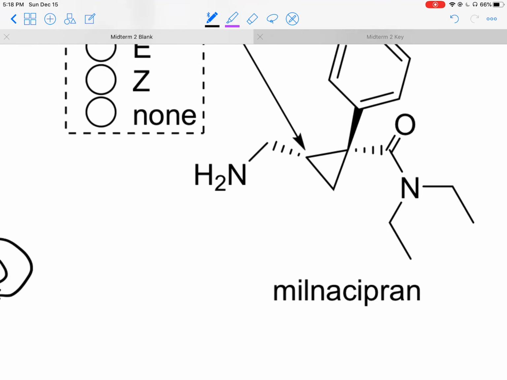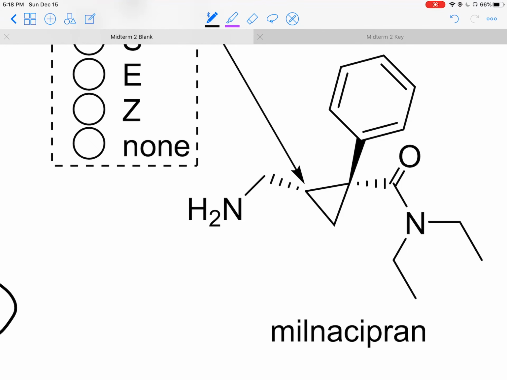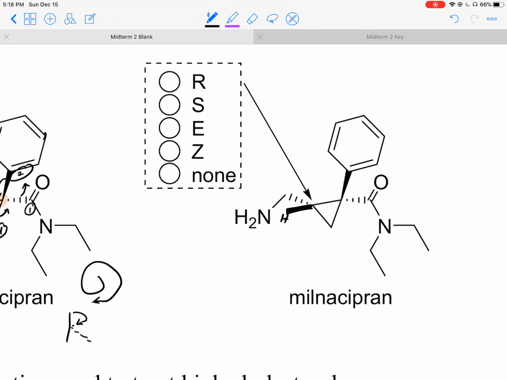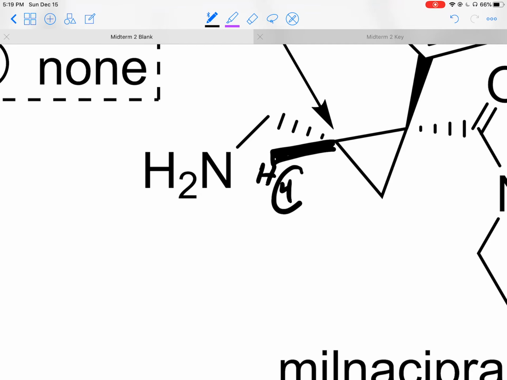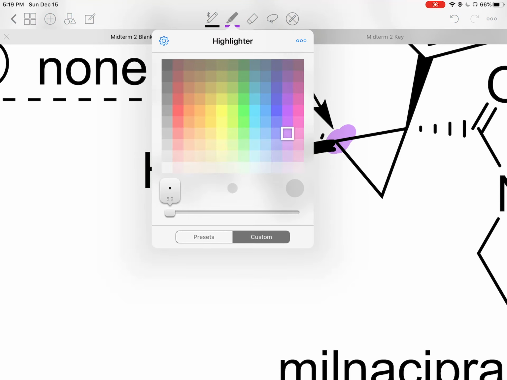Okay, now looking at this stereocenter, there's another implied hydrogen right here. This time the hydrogen is in the front, so that'll be a lot easier because that's the fourth priority. And let's look at what the four things are that stereocenter is attached to.